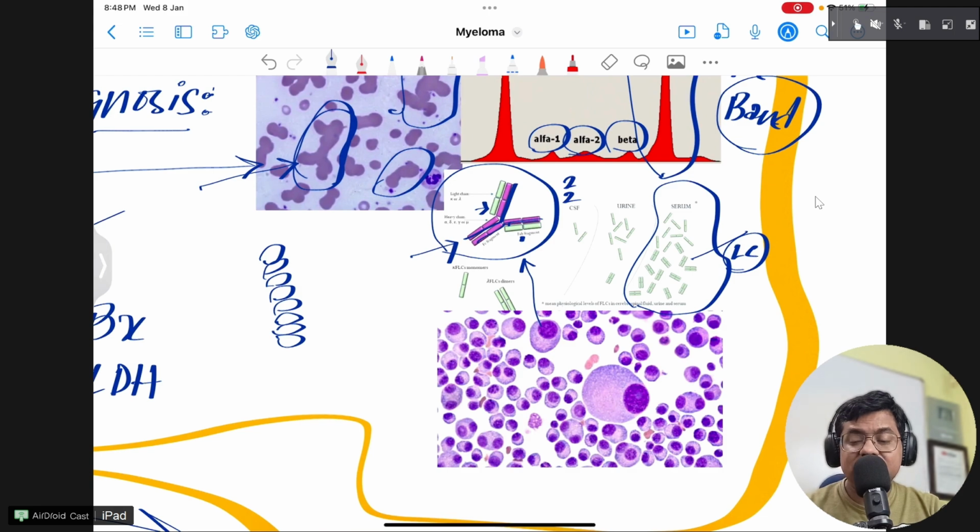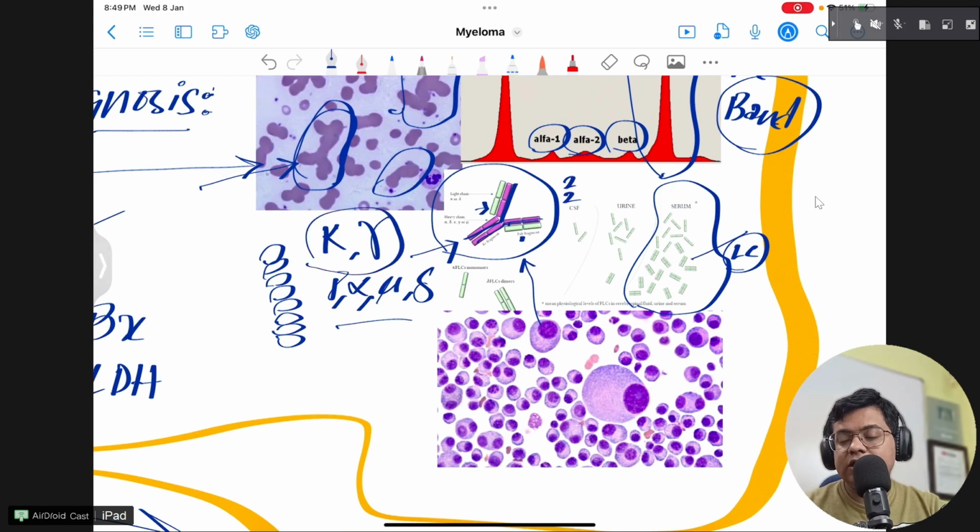These heavy chains are either of gamma, alpha, mu, or delta type, but the light chains can be either kappa or lambda type. So, in normal plasma cells, there is presence of both kappa as well as lambda type of light chains.